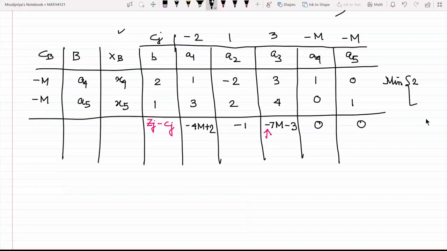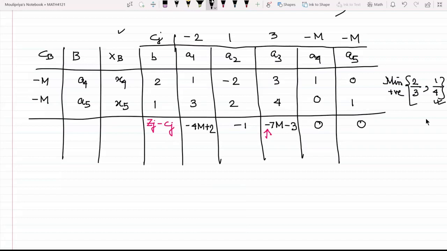That means 2/3, 1/4. Our minimum positive is what we are going to look for. So tell me, which ratio is giving us the minimum positive value? Of course, this one, 1/4.